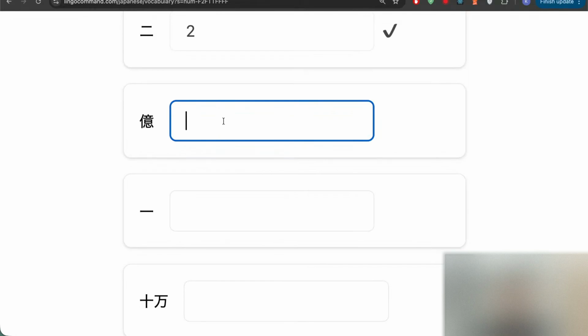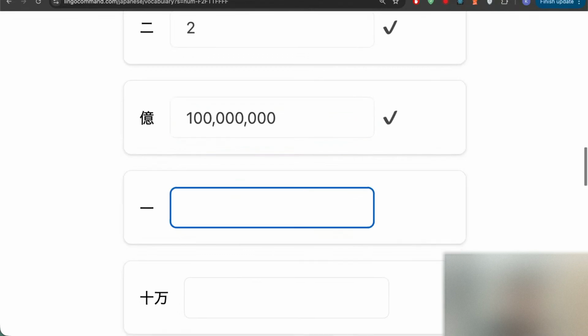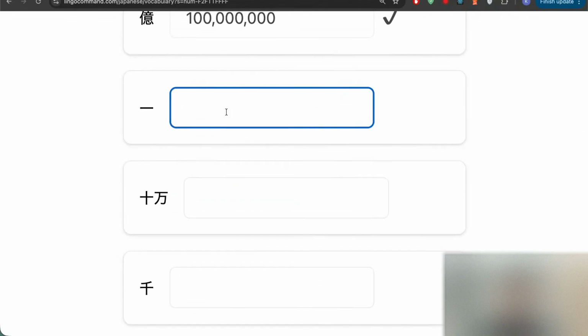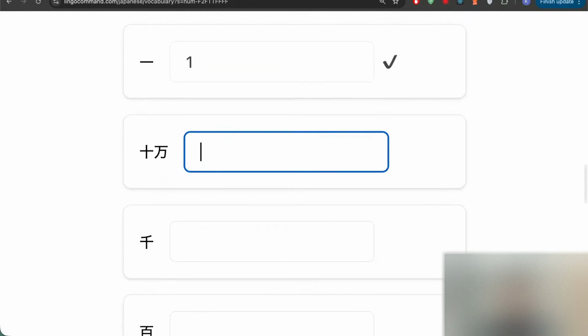Its reading is oku, and it means 100 million. Fantastic. And then this horizontal dash on its own just means 1. And then here we've got juman. Juman. And so it's going to be 10 lots of 10,000, so that's 100,000.